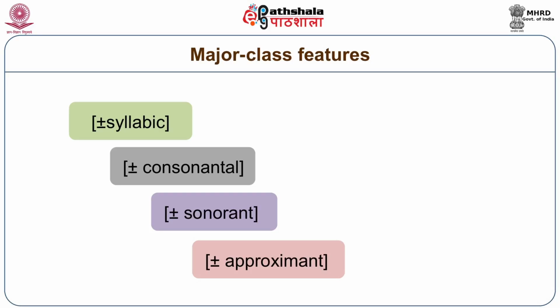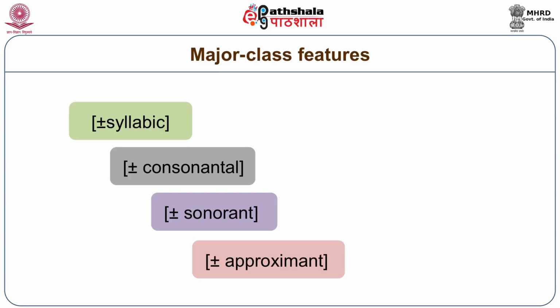Then what about the difference between non-syllabic consonants and syllabic consonants? We have the feature plus minus consonantal to distinguish syllabic consonants from vowels. So syllabic consonants are plus syllabic plus consonantal compared to vowels which are plus syllabic minus consonantal.